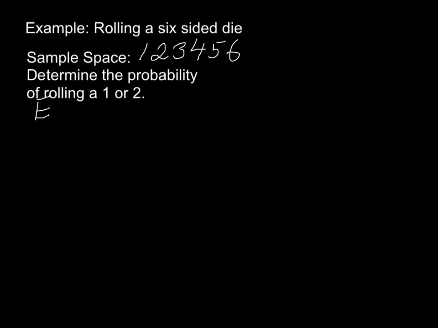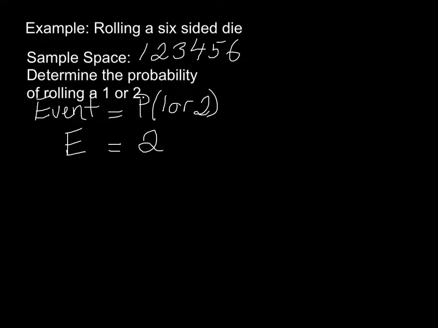So my event is equal to the probability of either rolling a 1 or a 2. So therefore, my event is going to be equal to 2 divided by 6.